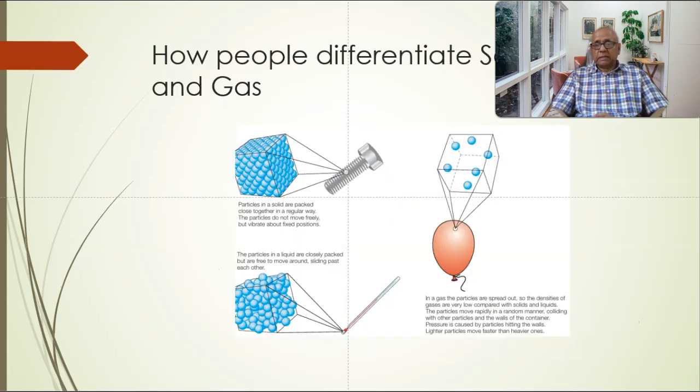This slide immediately shows you the difference between solid, liquid and gases. The one on top has packed particles, and the particles can vibrate, but it is a regular packed arrangement, and that is what a solid is.